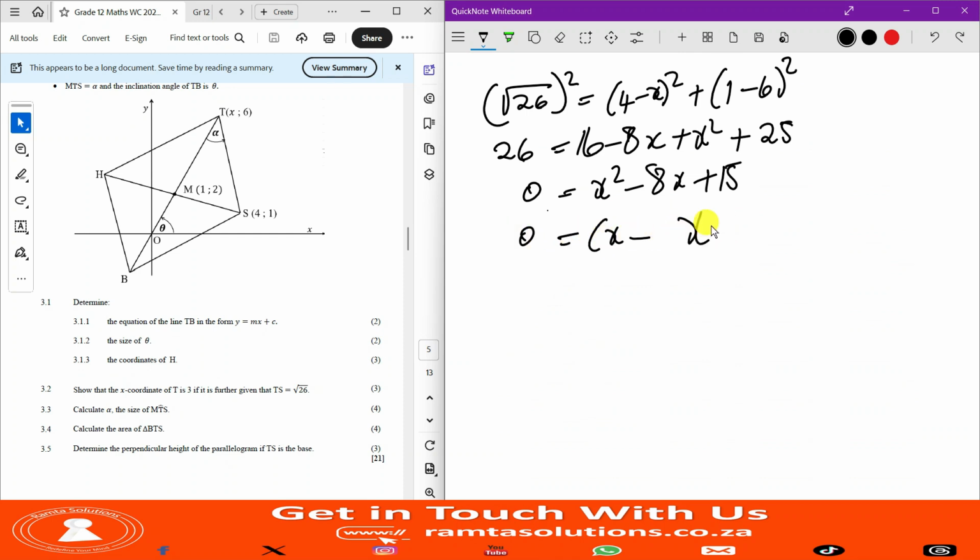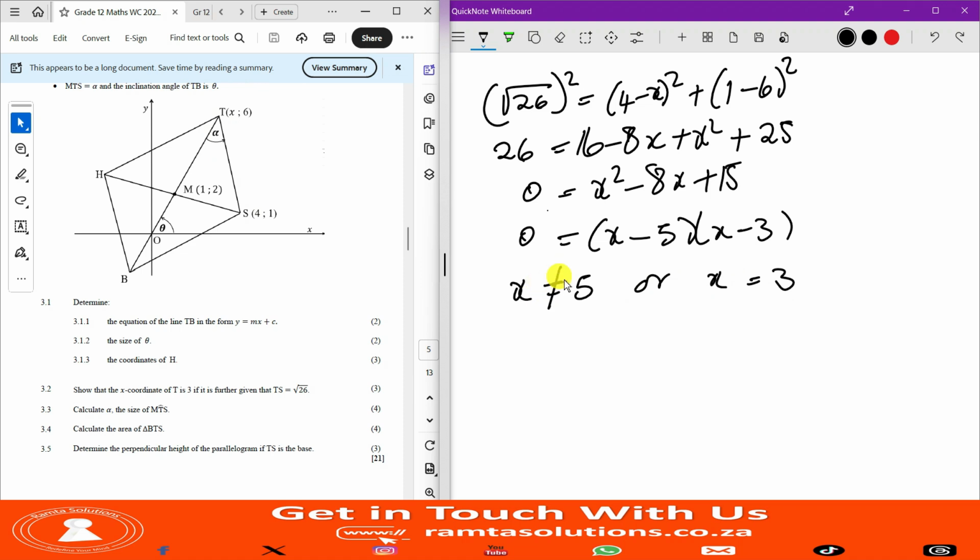Factors of 15 will be 5 and 3. So we will say x equals 5 or x equals 3. Now, the value of x here, I don't expect it to be greater than 4. Therefore, this one is not valid. X is equal to 3, isn't it?